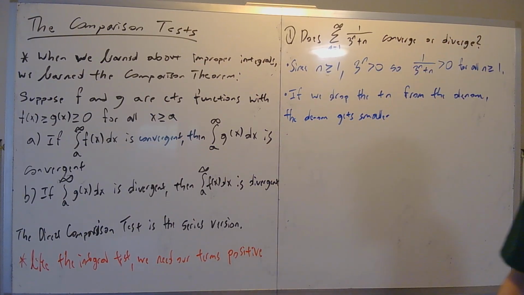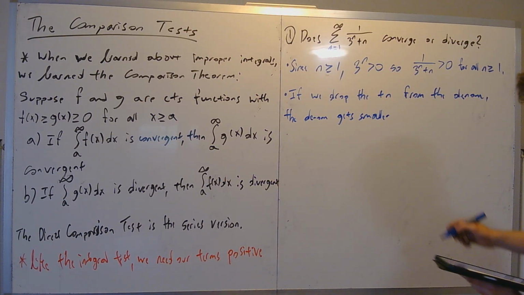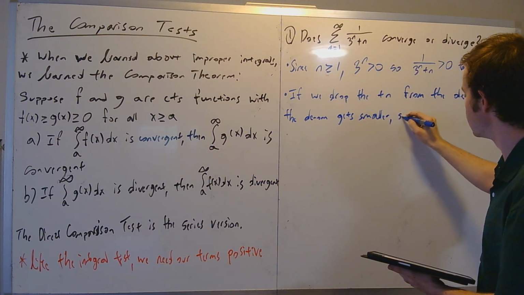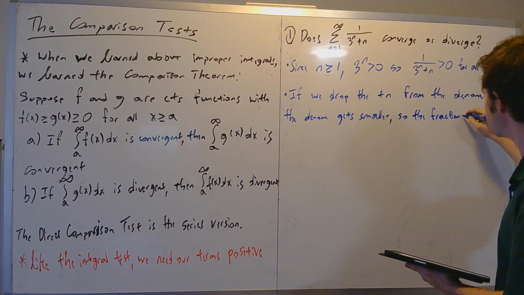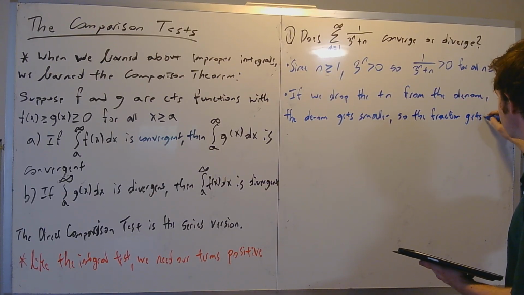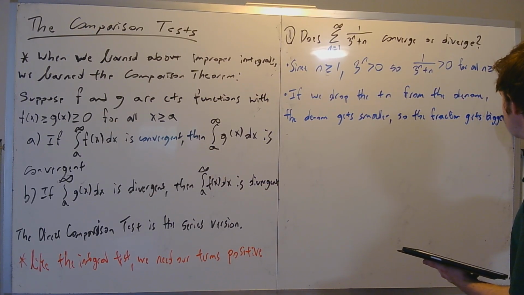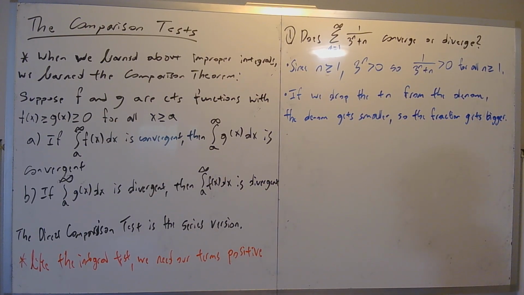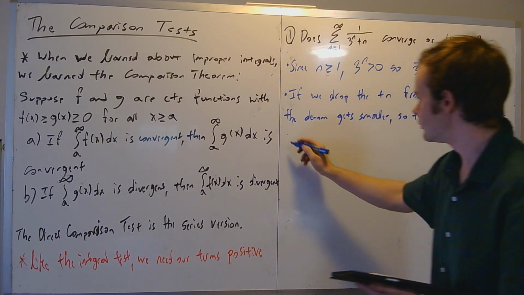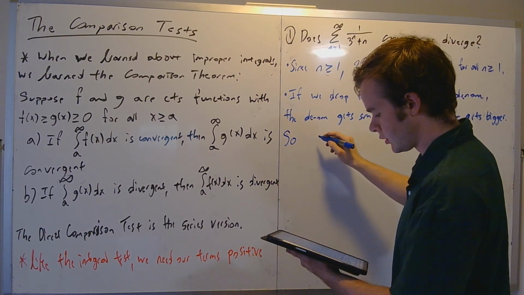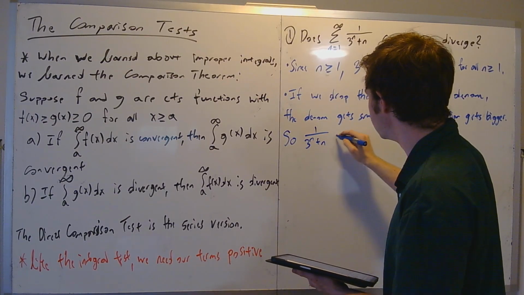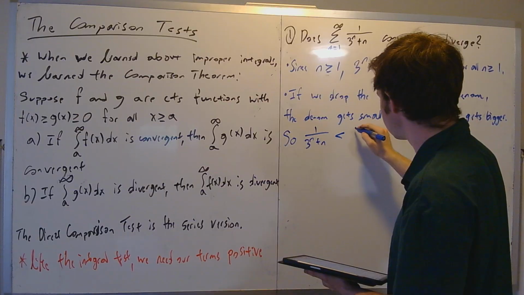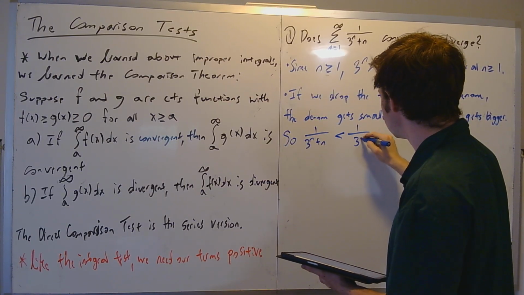So what does that mean about the actual fraction? Well, the fraction gets bigger, right? Because if the denominator gets smaller, that means that the fraction is getting bigger. So we're going to get that 1 over 3 to the n plus n is going to be strictly less than 1 over 3 to the n.